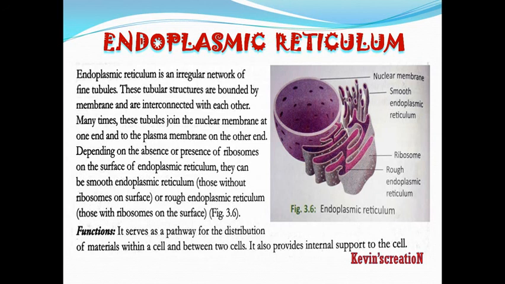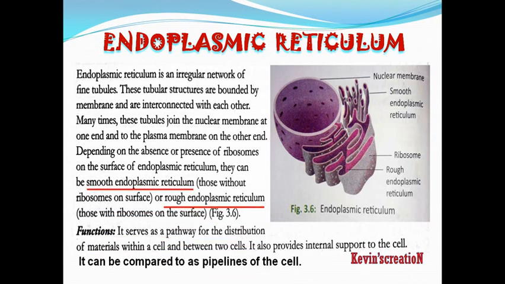Previously we studied about the nucleus, and the another name we gave it to the nucleus was control center of the cell. Same way, though it is not given in the book, for you it will be easy to learn. I have written here, it can be compared to as pipelines of the cell.